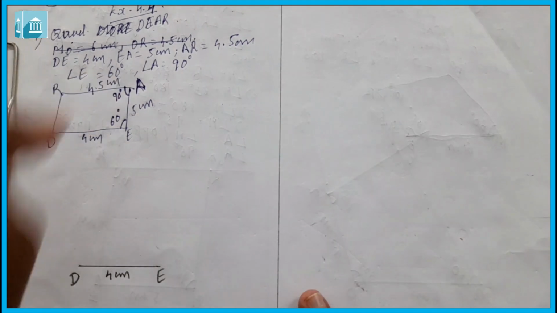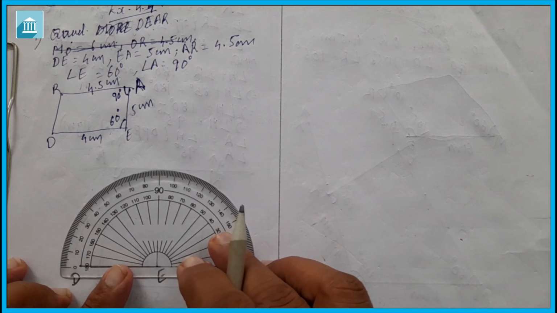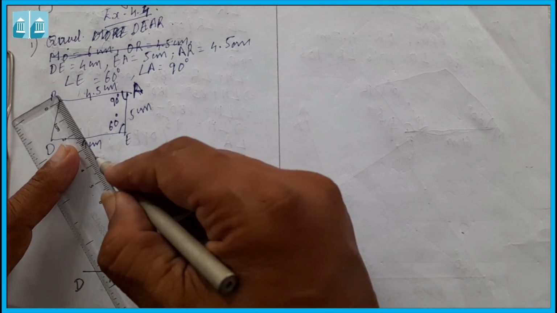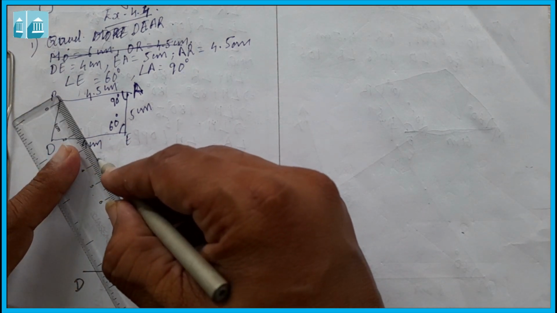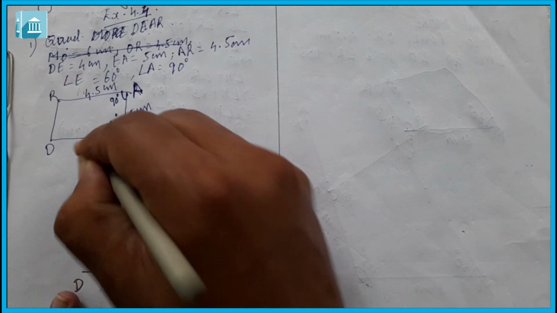Now it is given angle E is equal to 60 degree. So again with the help of protractor, this is our 60 degree.